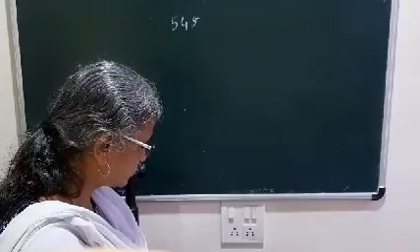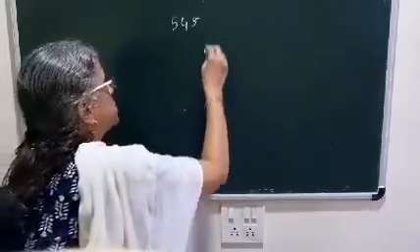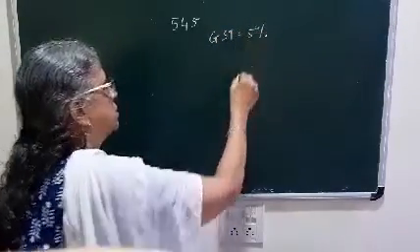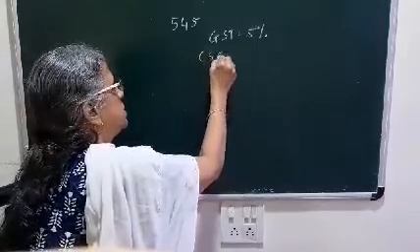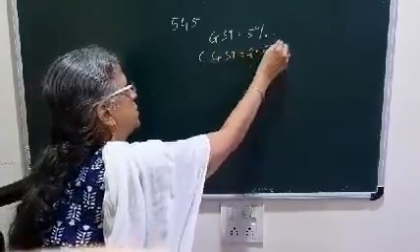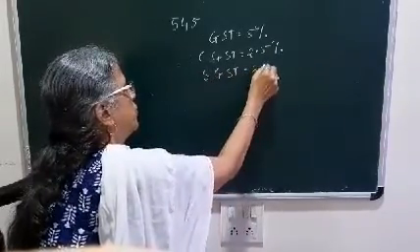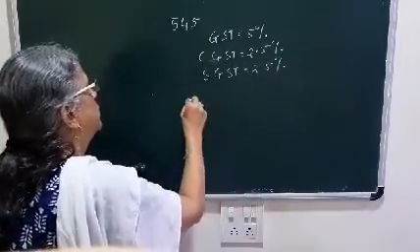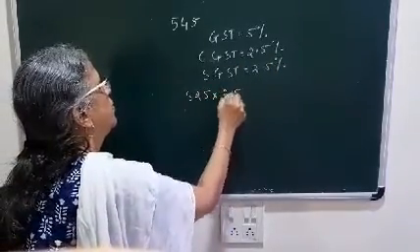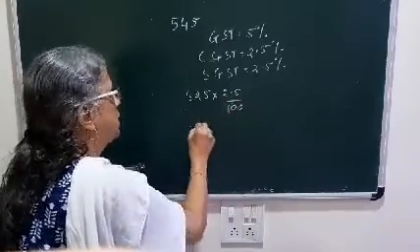So CGST will be 2.5% and SGST 2.5%. Follow? So 545 into 2.5 upon 100. That will give you the value.